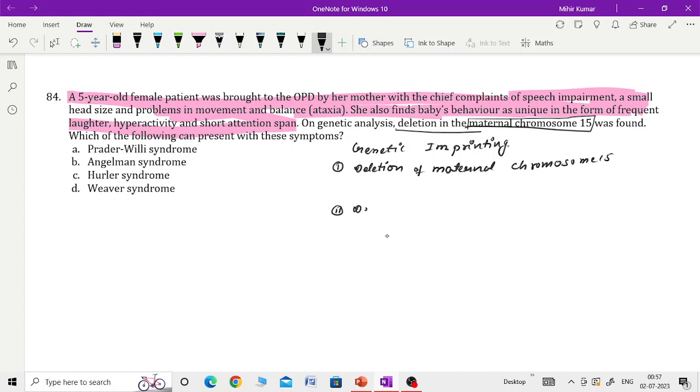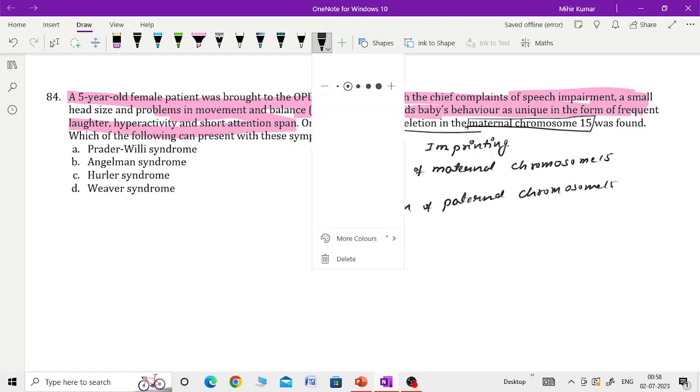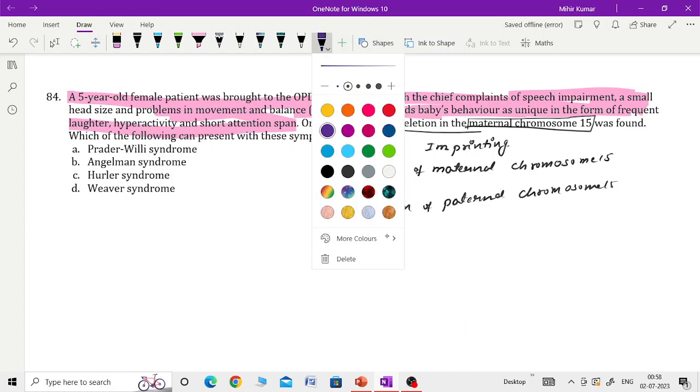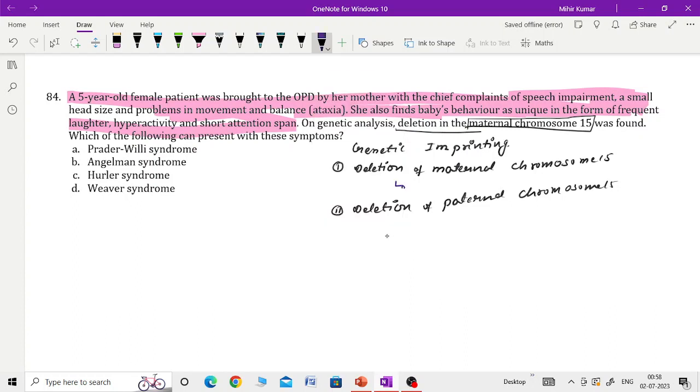Second condition, deletion of paternal chromosome 15. If the maternal chromosome deletion occurs, then we call it Angelman syndrome.